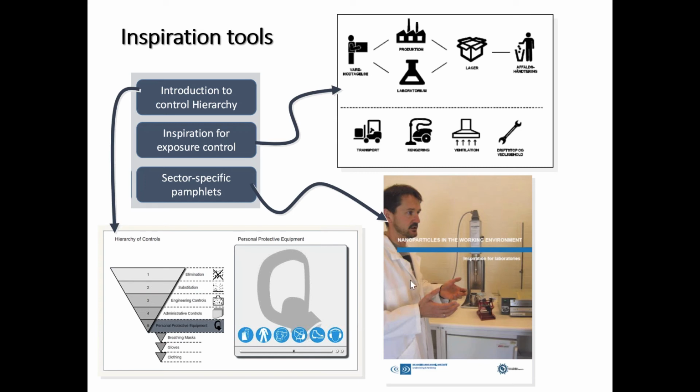You can also get inspiration for exposure control by going through different steps in the factory, including cleaning, so what you should be aware of. And then there's also some pamphlets on specific work scenarios. So this, for example, is inspiration for laboratories in this pamphlet. So next slide, please.